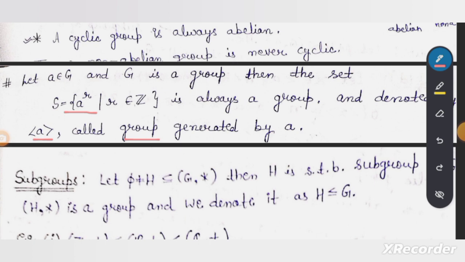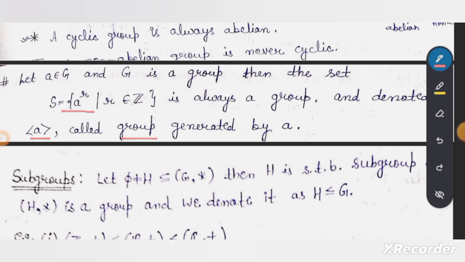So if we have an element A which belongs to G and G is a group, we are collecting the powers of A, where the power can be any integer. We collect all those elements whose base is A and power is any integer.